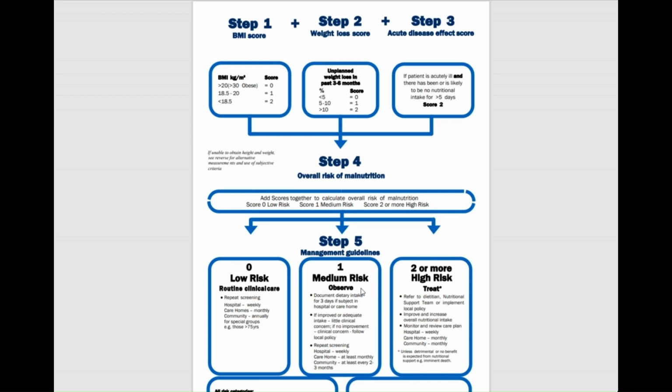Also verbalize the intervention, for example, documenting dietary intake for 3 days, encouraging frequent meals, creating a care plan to improve nutritional intake, referring to the mental health team to treat the underlying condition, recording the need for a special diet and following local policy, monitoring and reviewing the care plan monthly if the patient is in the community.